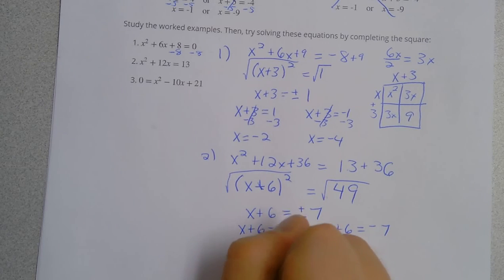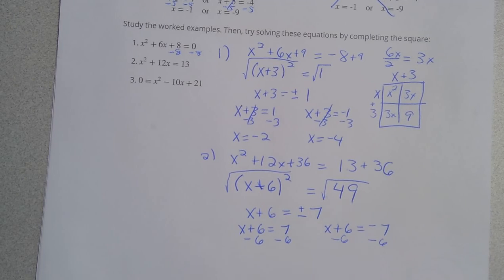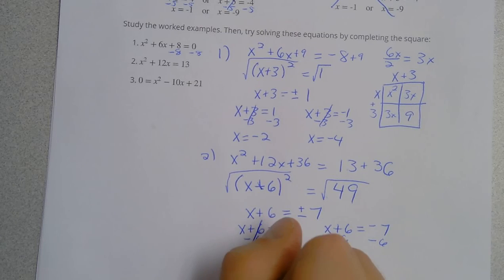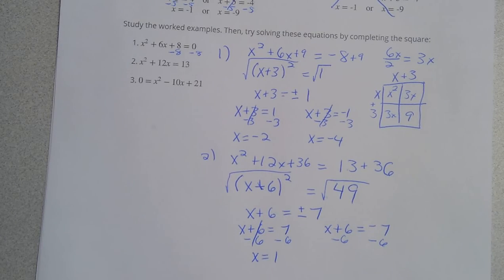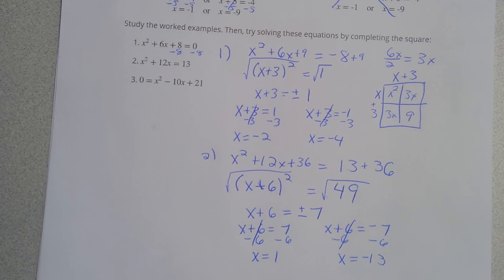Then subtract 6 from both sides, and I did both equations. In the first equation, 7 minus 6 is 1. So one solution is x equals 1. Over here, negative 7 minus 6, we get x equals negative 13. So we have 1 and negative 13.